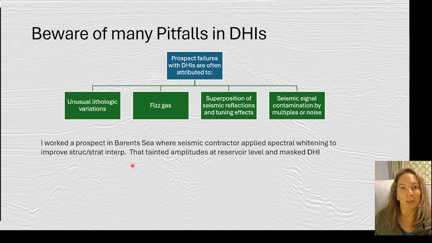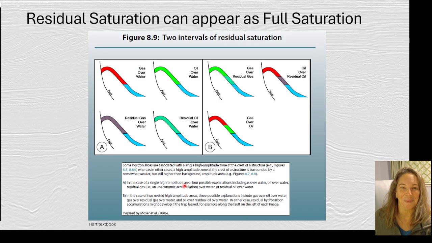One of the things we didn't realize is that the seismic contractor who did the processing applied a method called spectral whitening, which artificially boosts some of the higher frequencies and amplitudes to improve the structural and stratigraphic interpretation. But in doing so, they ended up tainting the amplitudes at the reservoir level, and it ended up masking the DHIs. So that was an interesting lesson learned. We lost a good three or four weeks' worth of work on our team for that.